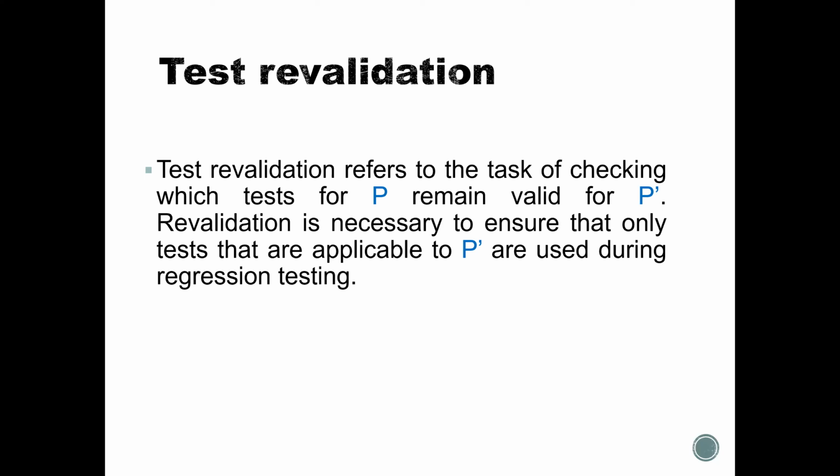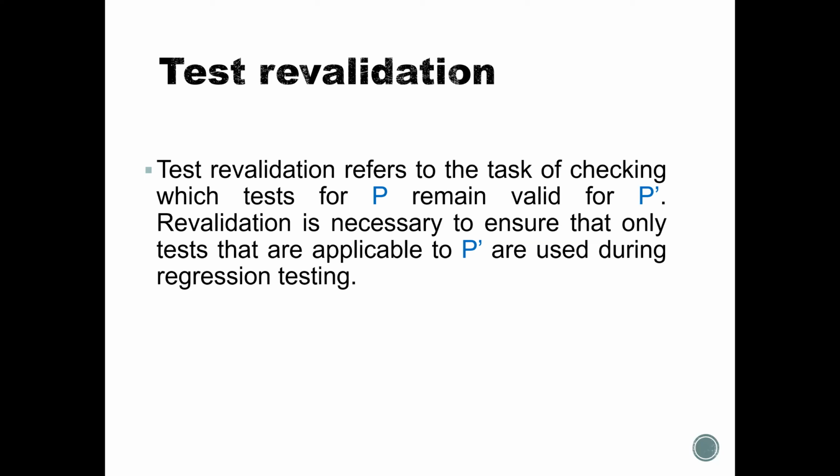So the next step is test selection. Once you have finalized which tests are valid, then you need to select exactly the test cases. Now the validated tests which we have selected may be redundant, or they may not traverse the modified portion of P dash, which we exactly want to test.